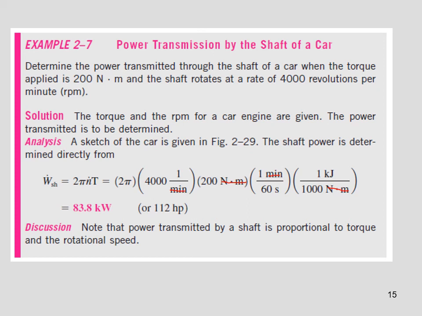And what you'll be left with when all that is done is kilojoules per second, which is a kilowatt. So 2 pi times 4,000 times 200 divided by 60 times 1,000 will be 83.8 kilowatts. And if you want, you could convert that to horsepower, but that's a conversion in the back of the book.